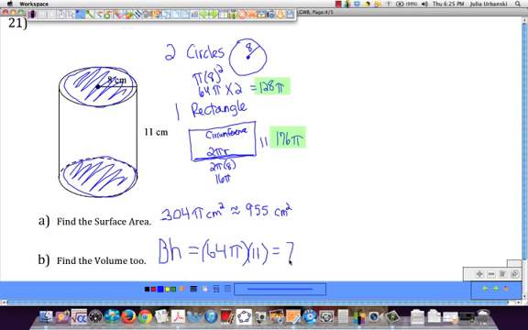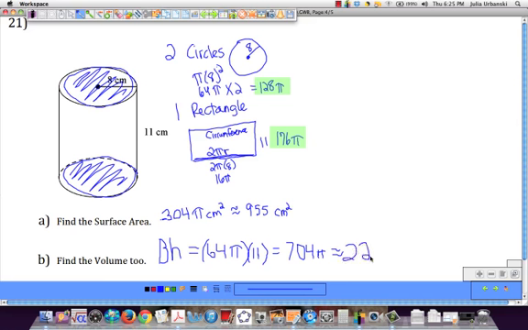And if you want to round it to the nearest tenth, go ahead and do 704 times the pi button, which is about, rounded to 2211.7.